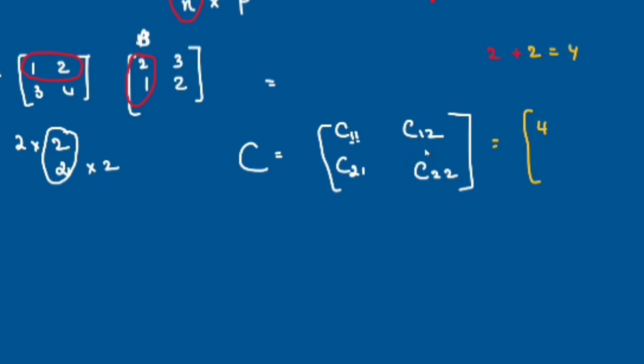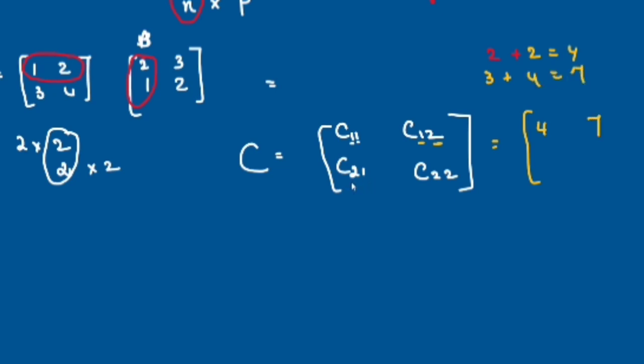Now I want to find C12. I take the first row of the first matrix and the second column of the second matrix. So C12 means first row, second column. Multiply now: 1 into 3, 3, plus 2 into 2, 4, that is equal to 7.